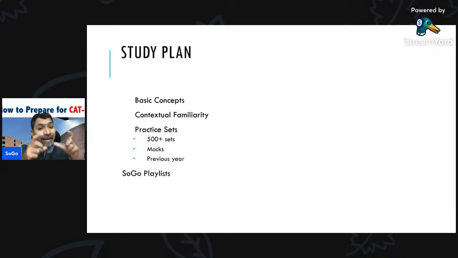Now, you practice this question, you will master this. But before that, basic concept, have the contextual familiarity, and you practice, right? If you practice 500 plus sets, right, of a particular domain, then you are through with it, right? And mocks help you understand whether you can apply that learning or not.